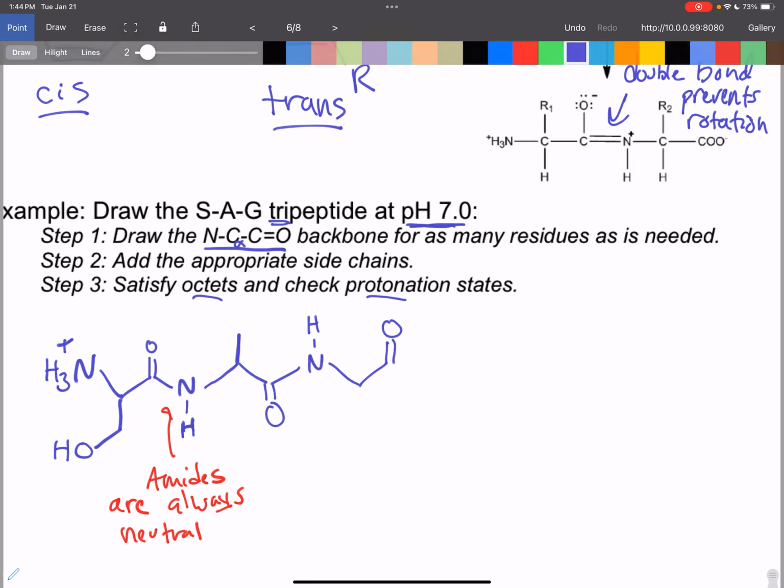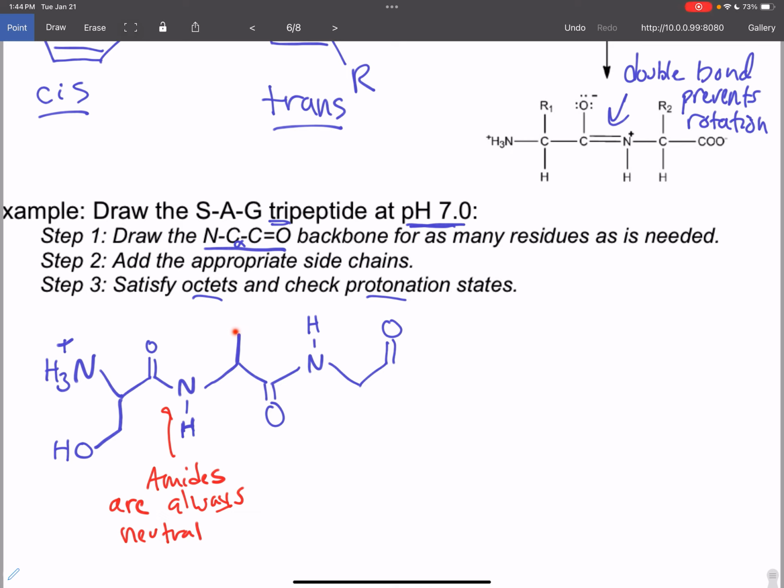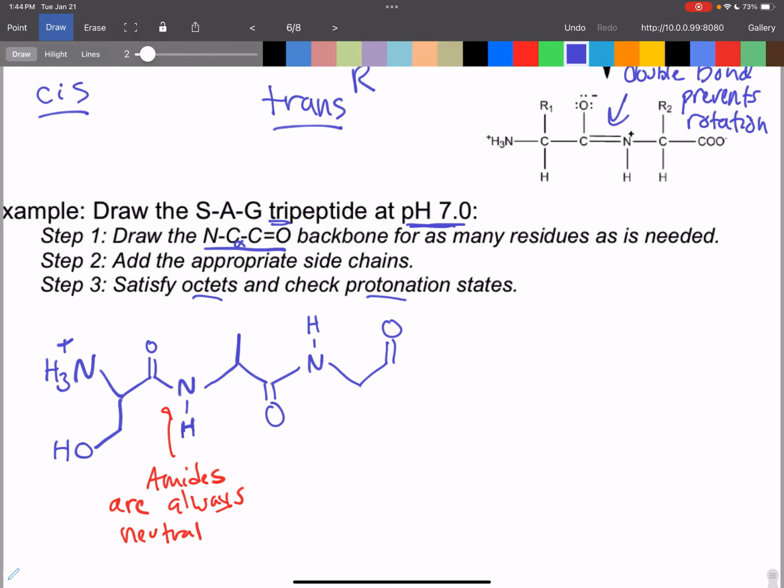And working our way again to the right, nothing needs to happen to the side chain of alanine, and then the glycine side chain just being hydrogens is fine. But this right here is missing something, right? The C terminus of the polypeptide must have another oxygen.